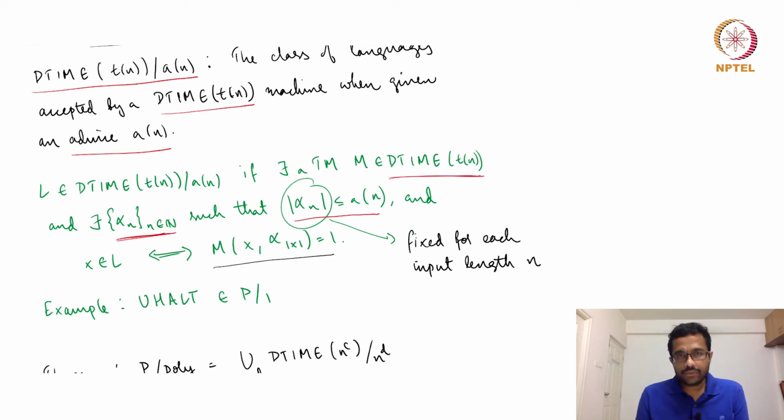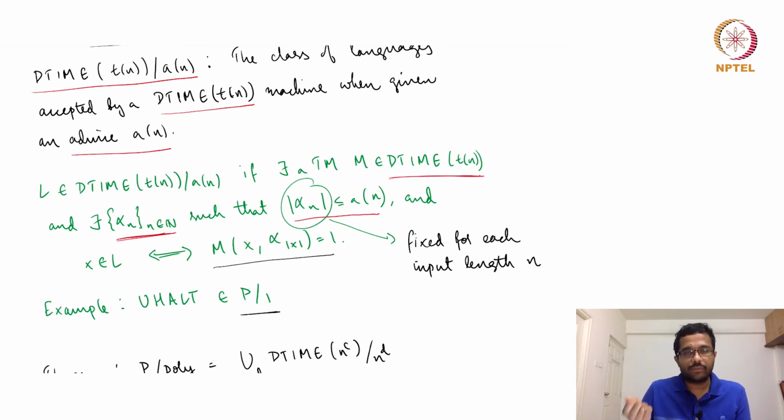Just to give some idea, we saw UHALT, which is the unary version of the halting problem. This actually was in P/1. The advice string here was just 1 bit. For each input length k we needed to know whether that input length is in the language or not.